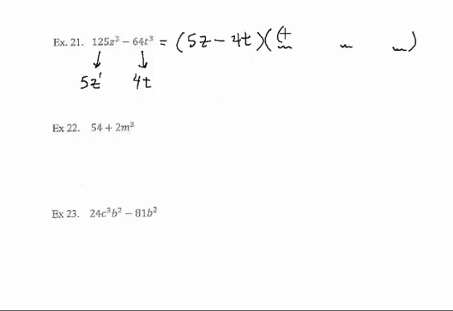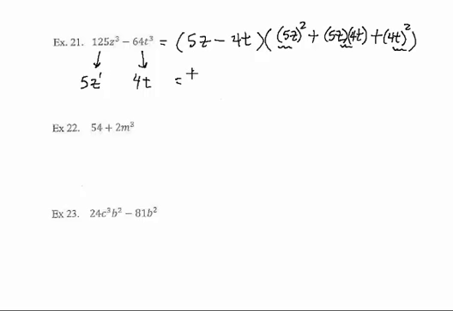The first term is the 5z squared, and we want to put this in parentheses just to indicate that we're squaring both the 5 and the z. The last term is the 4t squared, and the middle is the product of the 5z and the 4t. The signs are, first two signs are different, and then the last sign is always a plus.